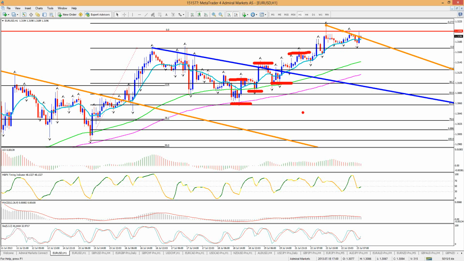So even if you fib these smaller moves here, they all would have worked, in fact. But they're more risky, because the currency could break one fractal, move a bit lower, and then still bounce up. They didn't here. It was consistent higher lows from here onwards, but that is more risky.